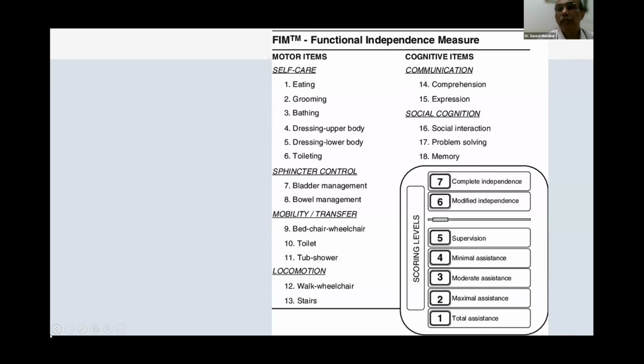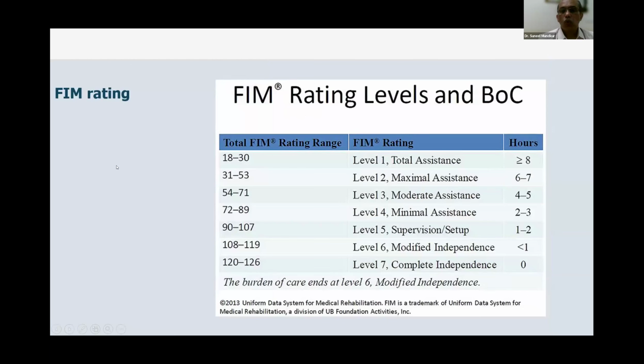These 18 measures are scored on a scale of 1 to 7: 7 indicating complete independence, 6 modified independence, 5 supervision, 4 minimal assistance, 3 moderate assistance, 2 maximal assistance, and 1 complete assistance. So each item is scored from 1 to 7, from total assistance to complete independence.